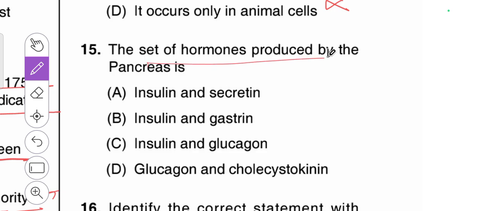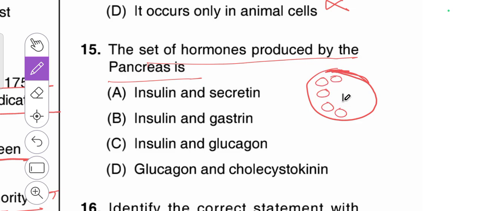A set of hormones produced by the pancreas is. So, the set of hormones produced by the pancreas. The pancreas is one of the heterocrine glands, where the exocrine part consists of acinar cells.